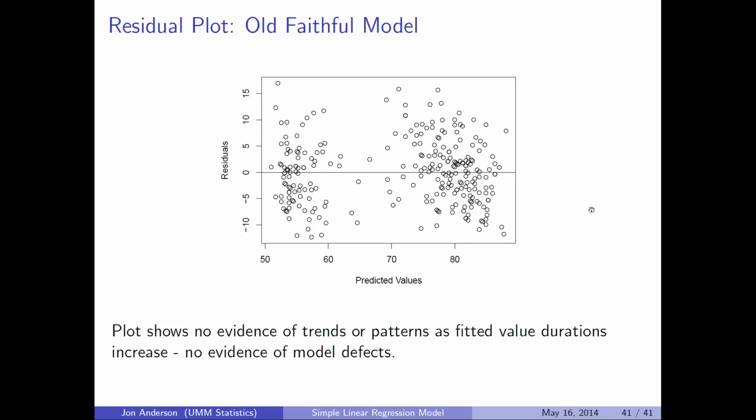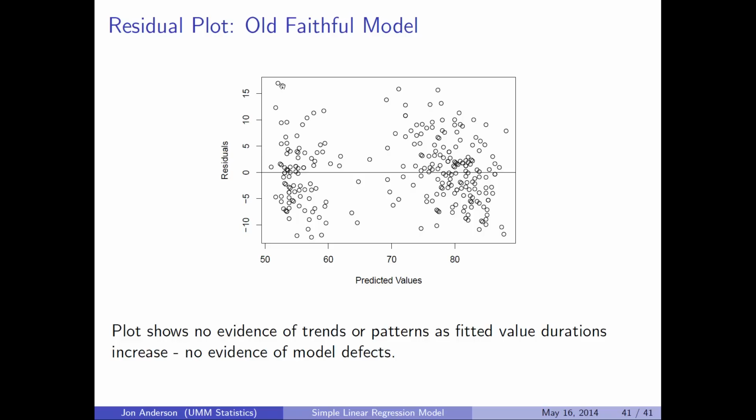Here is a very good looking residual plot for our Old Faithful model. I have the residuals here on the vertical axis, and a value of 0 would mean a point where the actual waiting time for the eruption was exactly what we would have estimated from the least squares line. You notice there's a few eruptions that almost fit that perfectly.